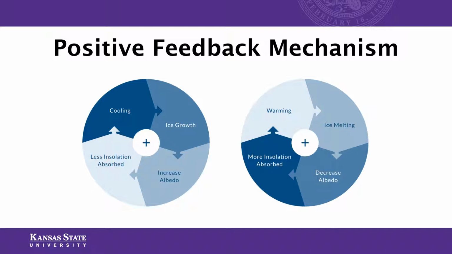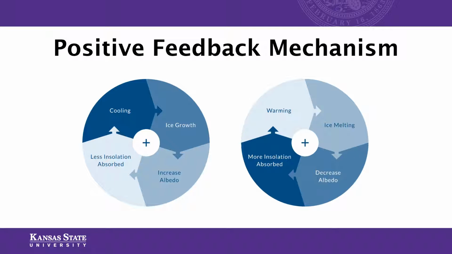Whatever, we have a cooling that happens globally. Cooling generally leads to an increase of ice growing on water surfaces. When you have more ice growing, you've increased the albedo. We have more reflective surfaces. That means that less of the sun's energy is being absorbed, more of it's being reflected and sent back out into space.